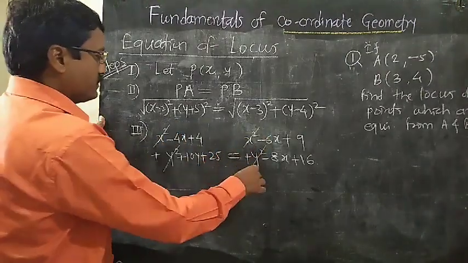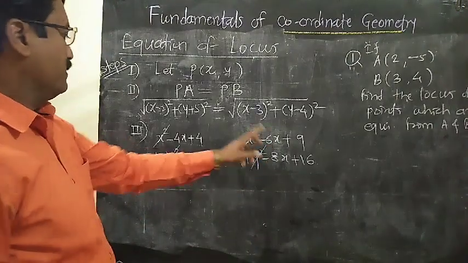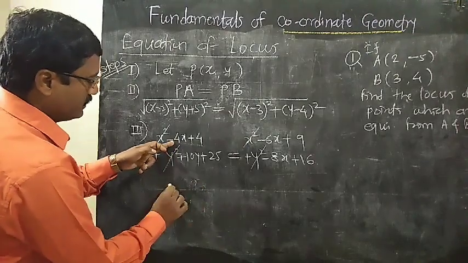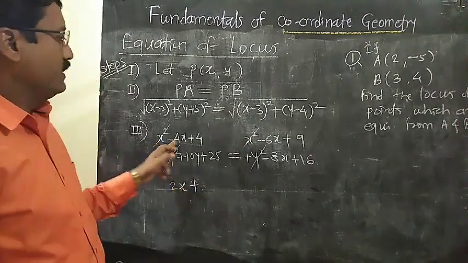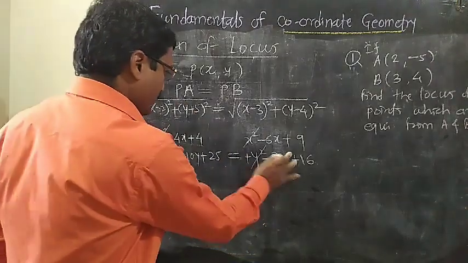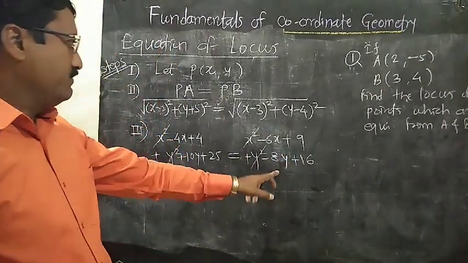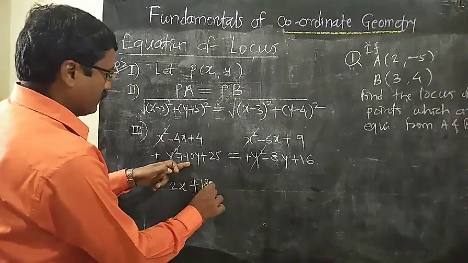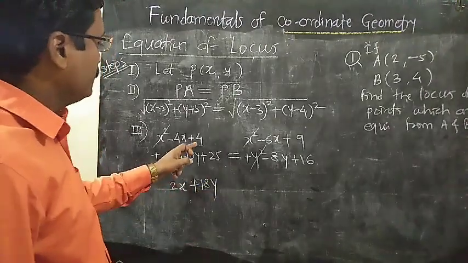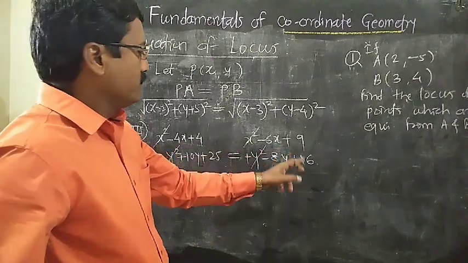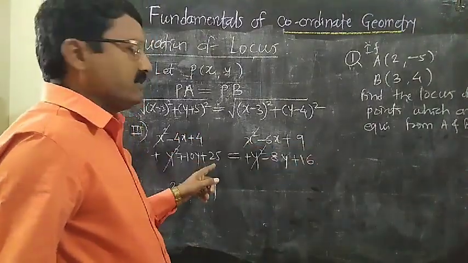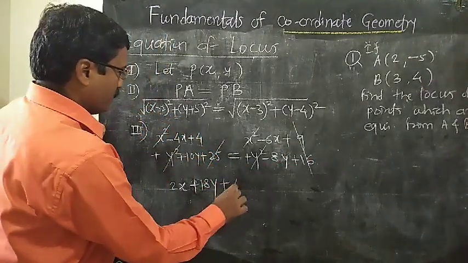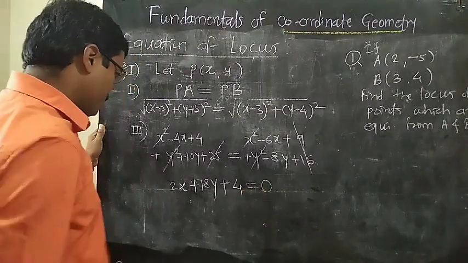Plus y square, this plus y square get cancelled. This minus 6x, after taking to the left, becomes plus 6x minus 4x. We will get only 2x. Then, sorry, there is y. This minus 8y, if we take to the left, becomes plus 8y plus 10y, that is 18y. This 9 plus 16 to the right, that is 25, will get cancelled with this 25. Remains here to the left only plus 4, that is equal to 0.